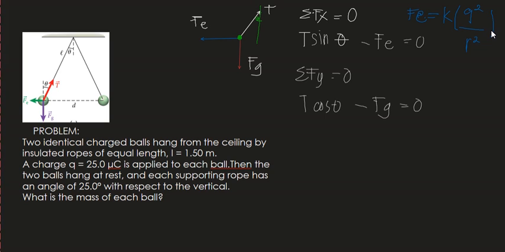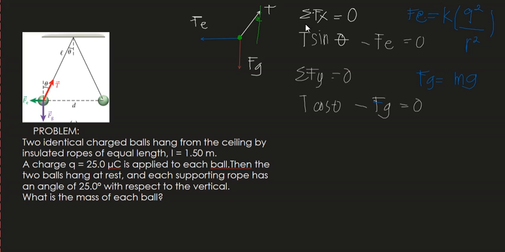So this is our Fe. How about your force due to gravity? Force due to gravity, or Fg, will automatically be equal to mg, or mass times gravity, or the weight. So those are our equations. Take note that what we need to find is the value of your mass.